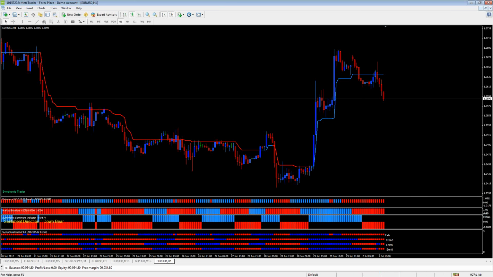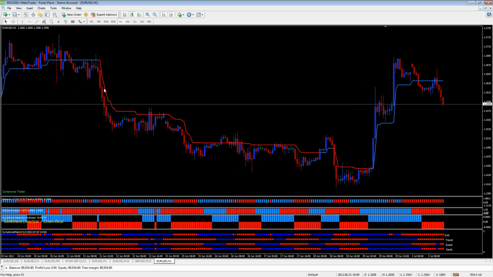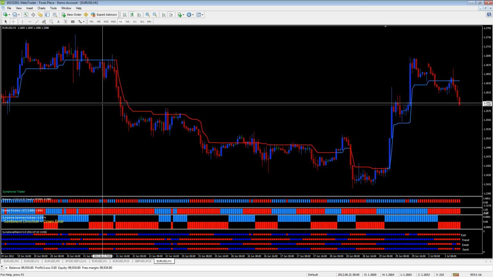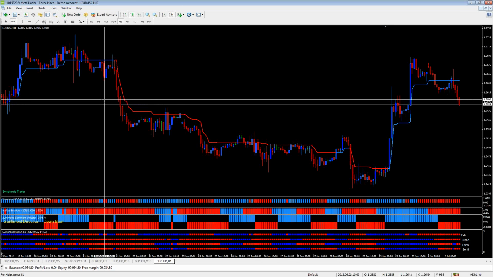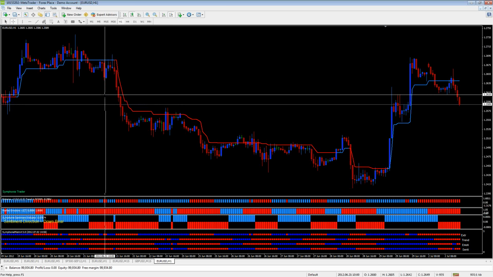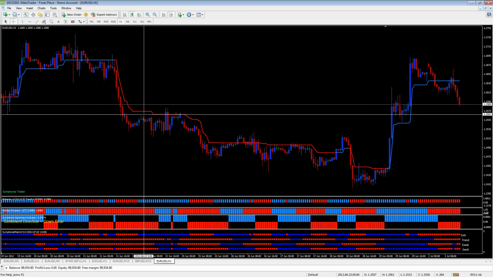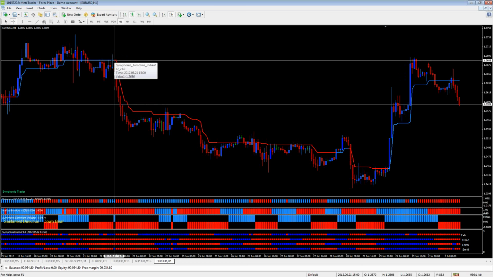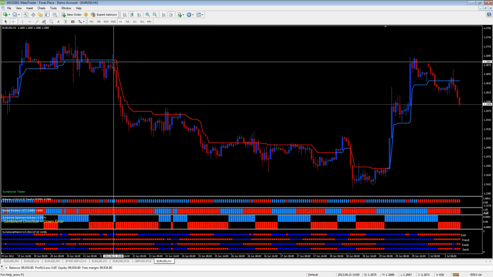One more thing about the extreme indicator. Let me show you. You can see that it may change color, not always, but it may change color, just like its name, at the extreme points around the trend line.